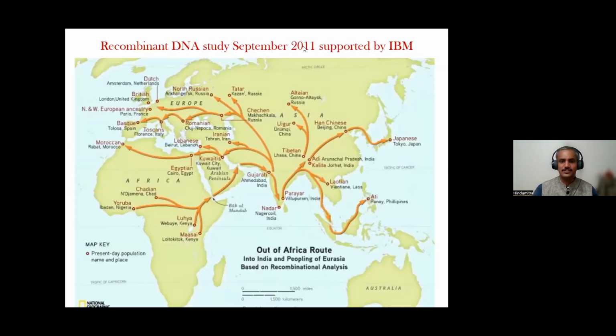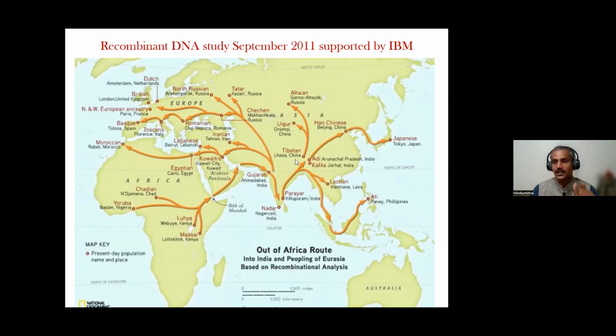So this is the study which shows that people in India, of non-African ancestry, that means non-black looking people, that means everywhere in the world except Africa, were populated from India. And from India, they migrated outside.